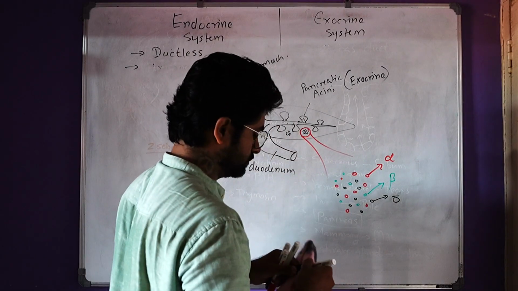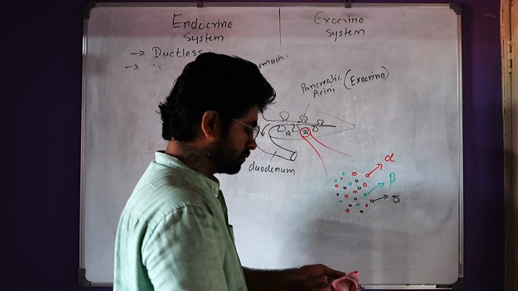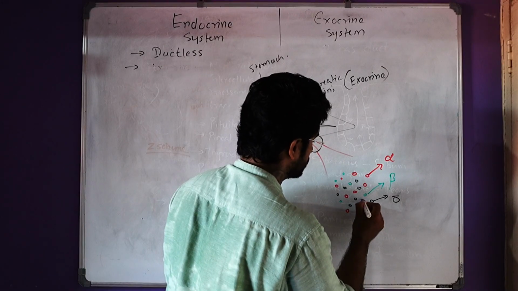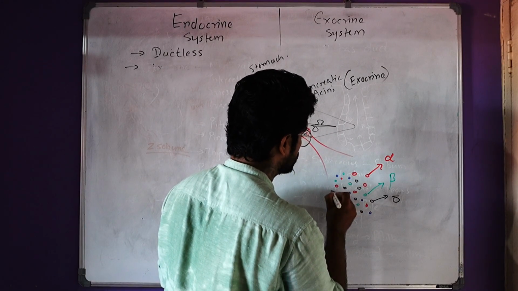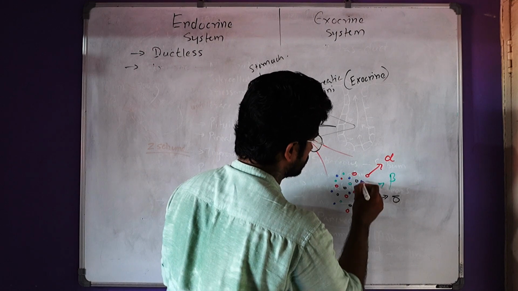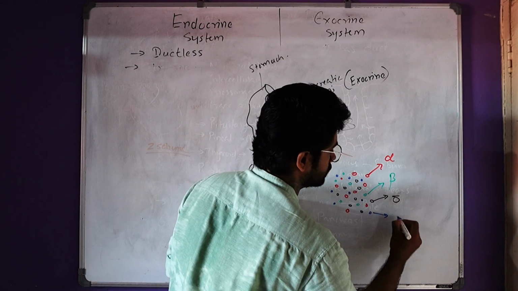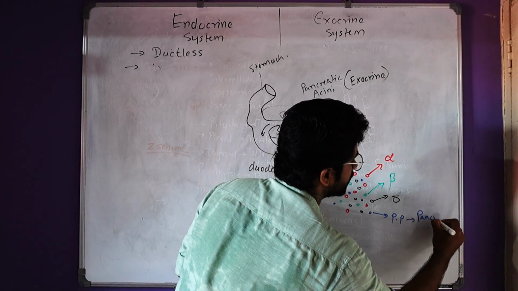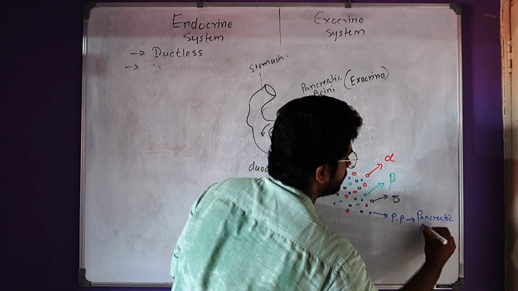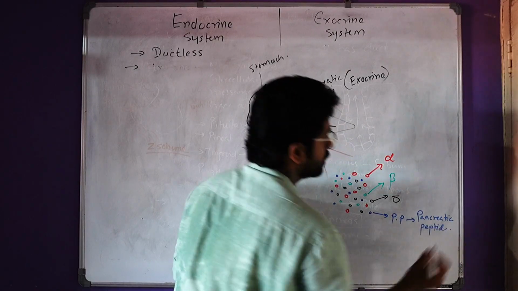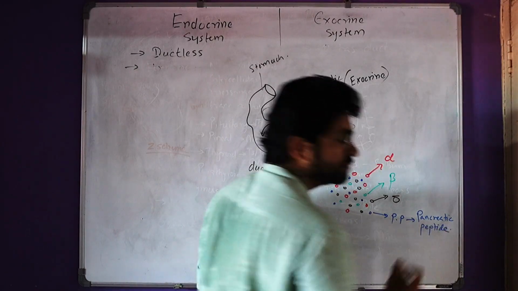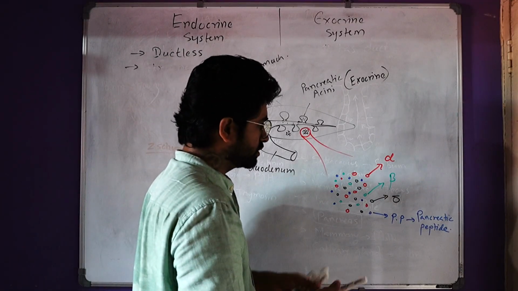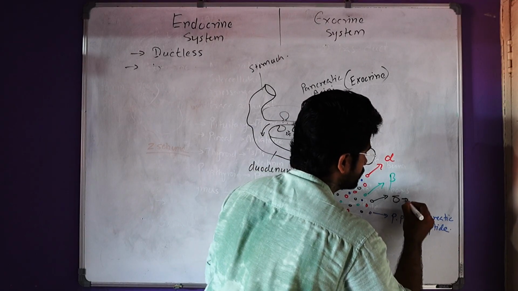And the last one, pancreatic peptide, known as PP cells. As the name suggests, it will release pancreatic peptide, and pancreatic peptides will be released in the bloodstream. That's why endocrine.